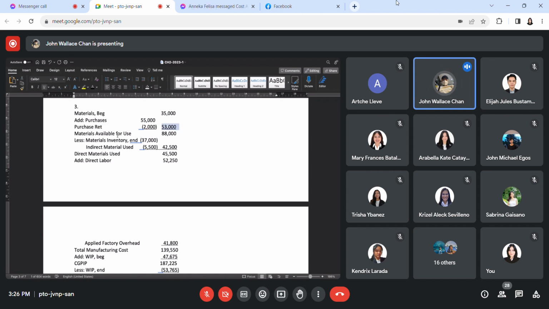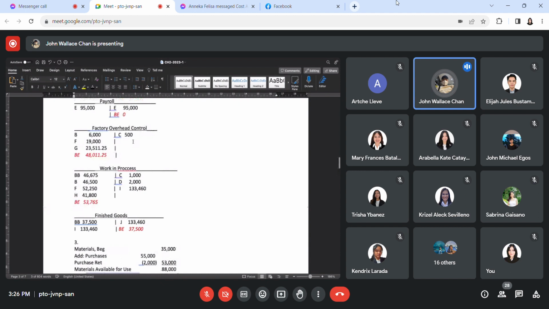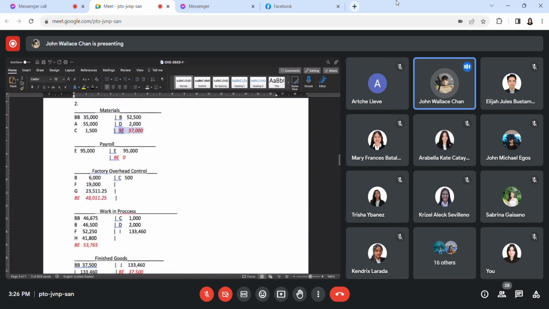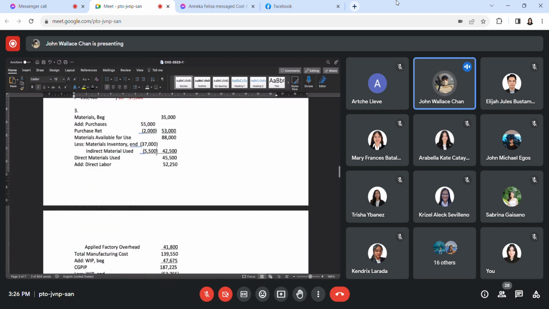We add your materials beginning and the purchases net of returns, we get the value for our materials available for use. We have to subtract our materials inventory ending, which we got earlier from our T accounts, which is 37,000.